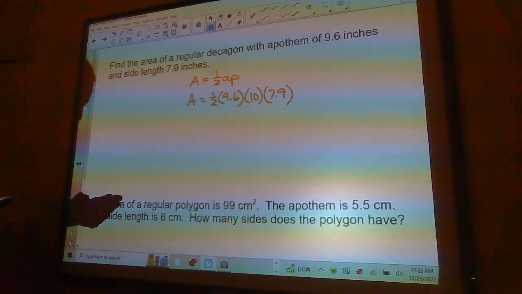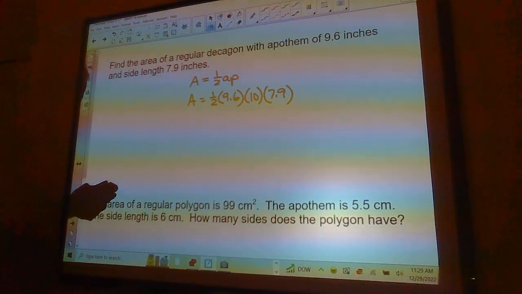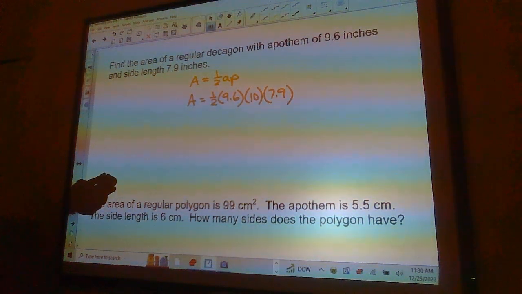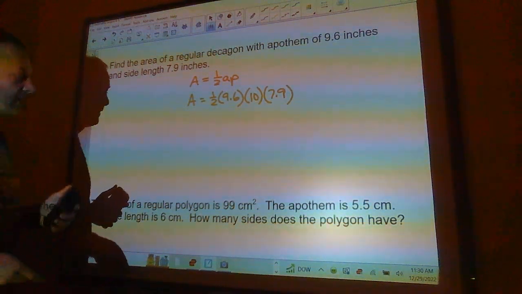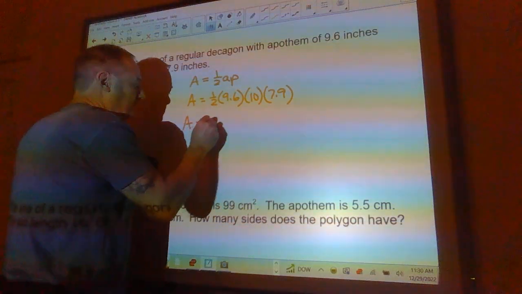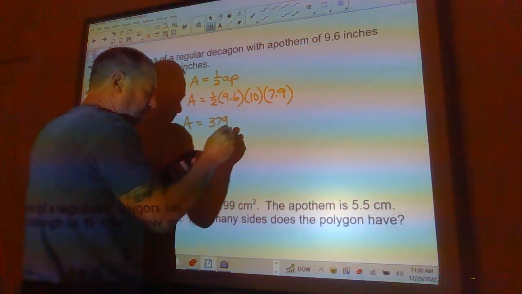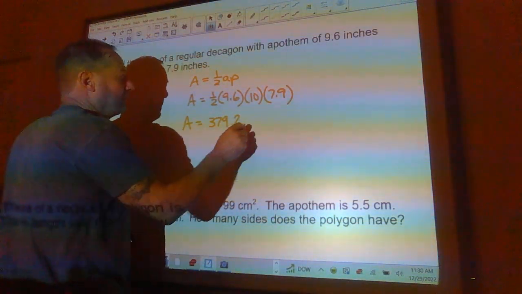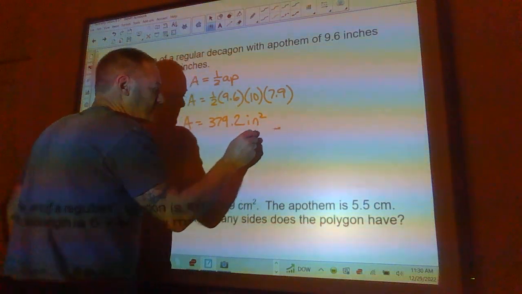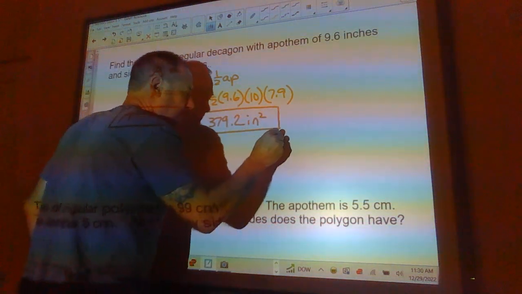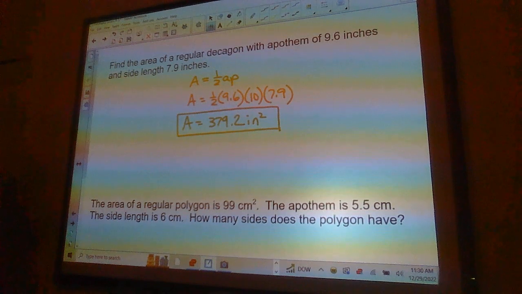Okay, so 0.5 times 9.6 times 10 times 7.9. The area would be 379.2 square inches. So that was pretty easy.